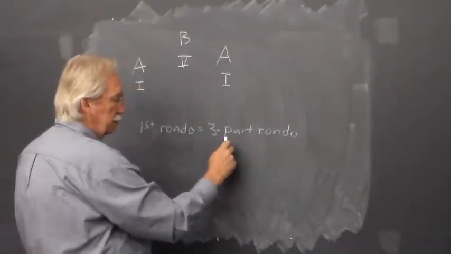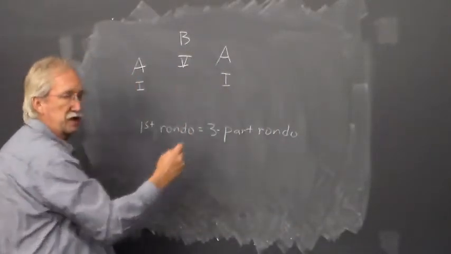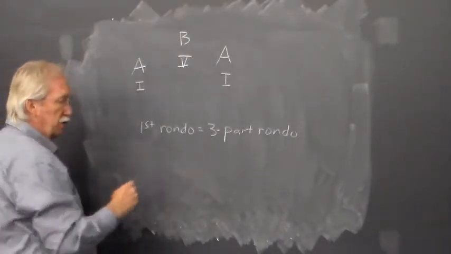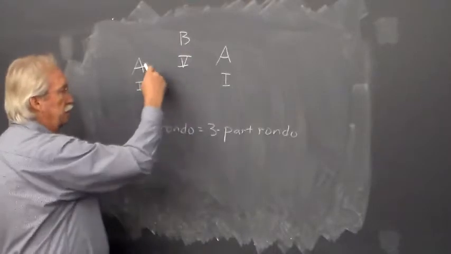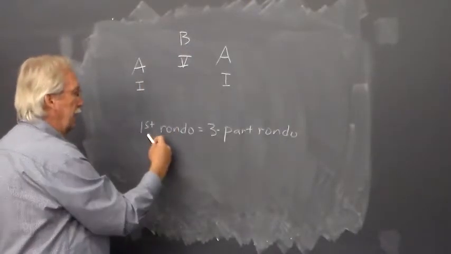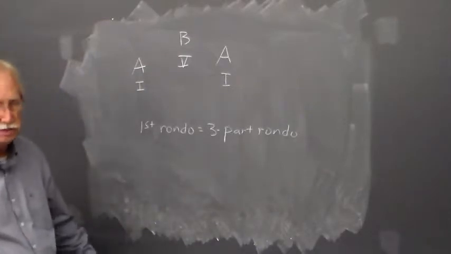So 3-part rondo is used in describing the number of different sections. First rondo is used by theorists to describe just this first basic pattern, and it has to deal with the number of times that the rondo theme returns.